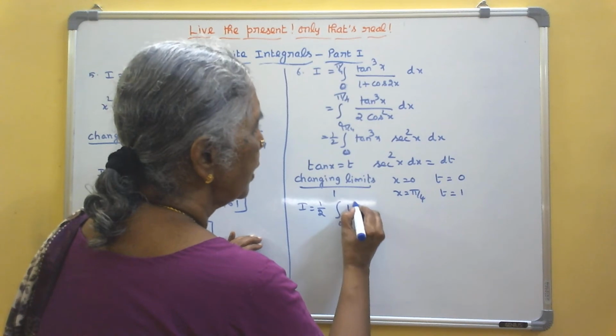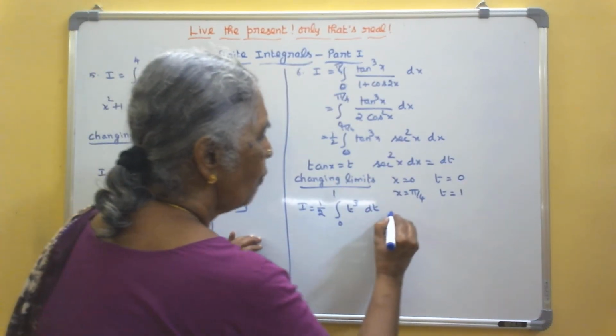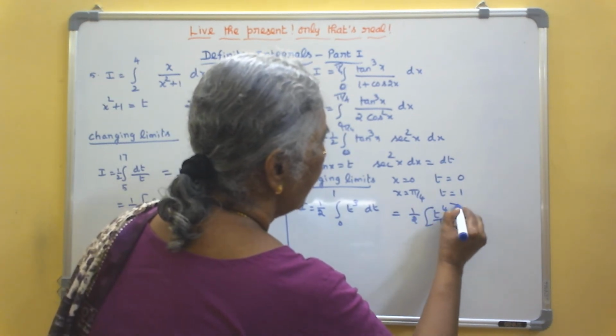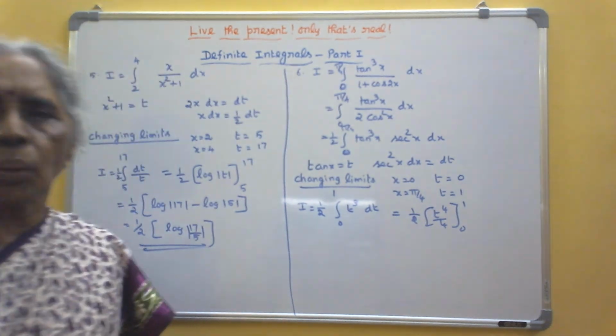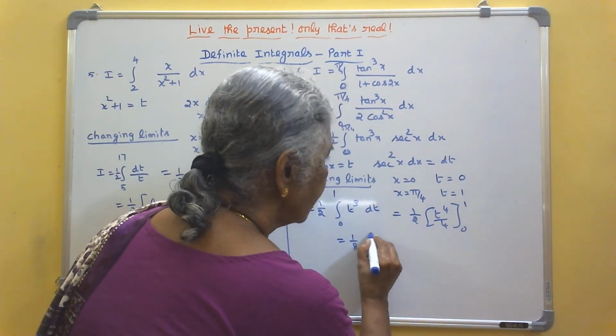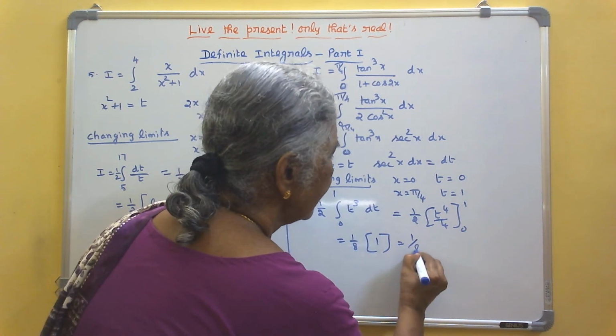This will become now t cube. The next part, that will become dt, right? So very simple integration, half into t power 4 by 4, the limit is 0 to 1. Okay. So now take that 4 out. So 1 by 8. Then 1 power 4 is 1, then 0. So the answer is 1 by 8.